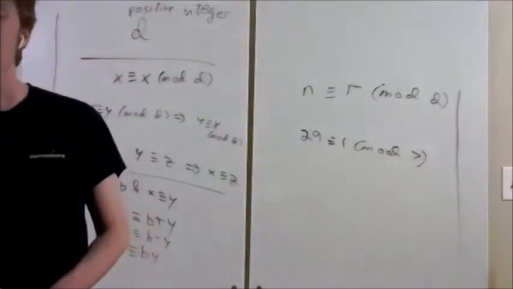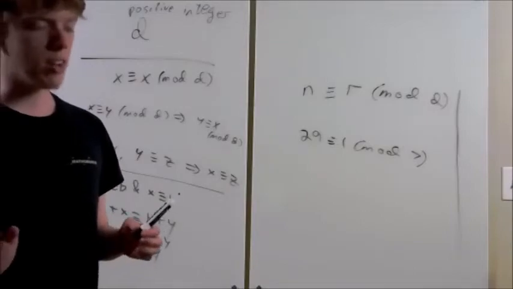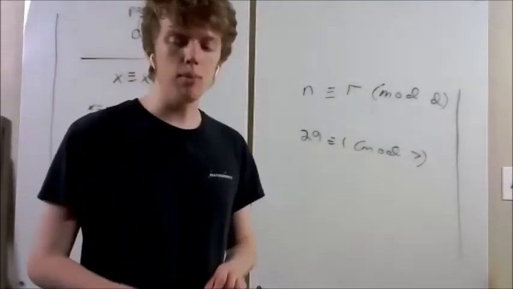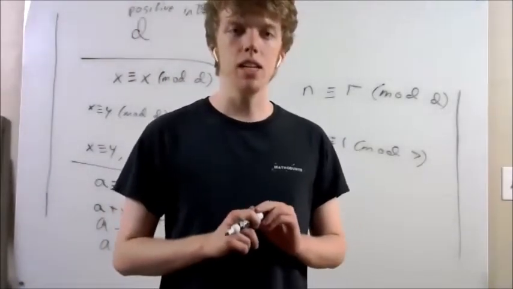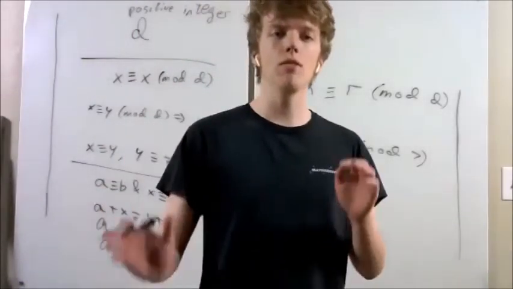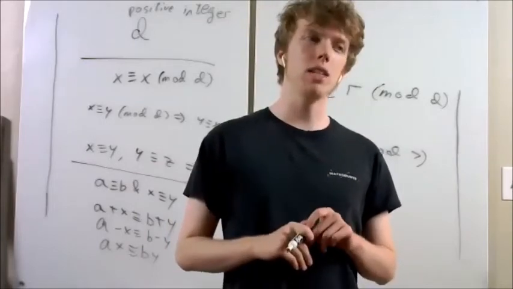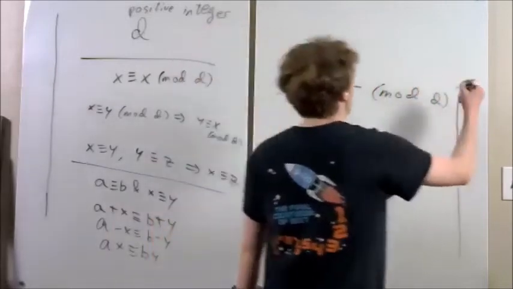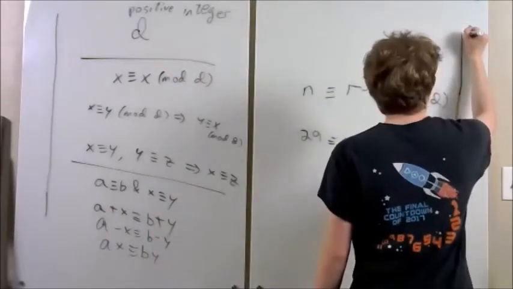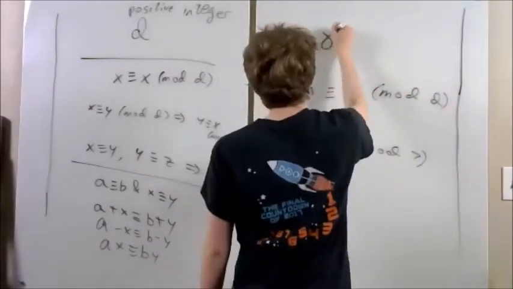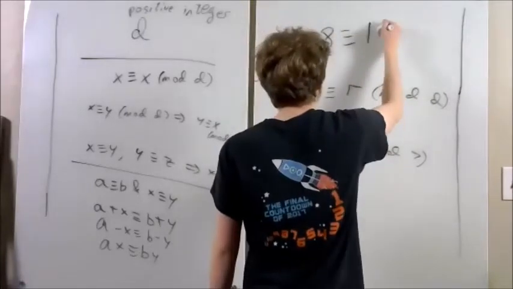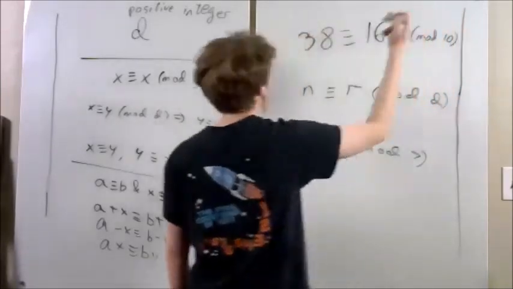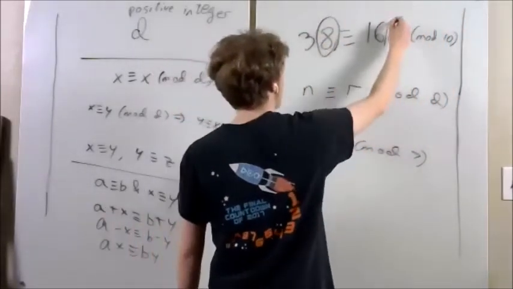Another way of thinking about it, and this way you should think of it strictly for positive integers, is that if two positive integers have the same last digit when I write them in base d, then they're congruent modulo d. So in base 10, which is what we usually use, 38 is congruent to 168 modulo 10, because they have the same last digit, and they're both positive.